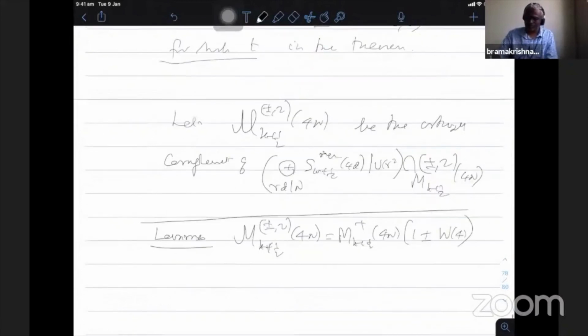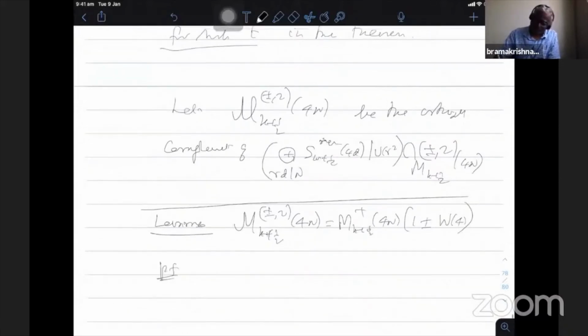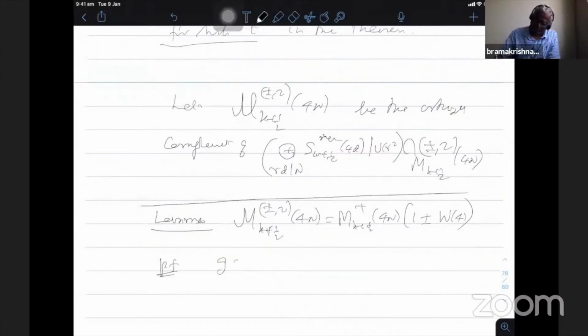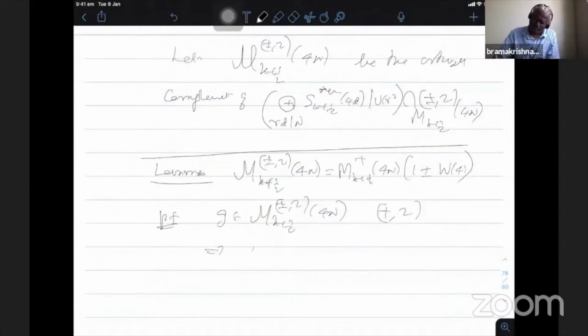So effectively, we show that these two spaces are isomorphic. Take G to be a form on the left hand side, M_k plus half plus minus 2 4N. Then I take the plus, you consider plus 2, minus is obvious in a similar way. So this means G bar W4 equals G.